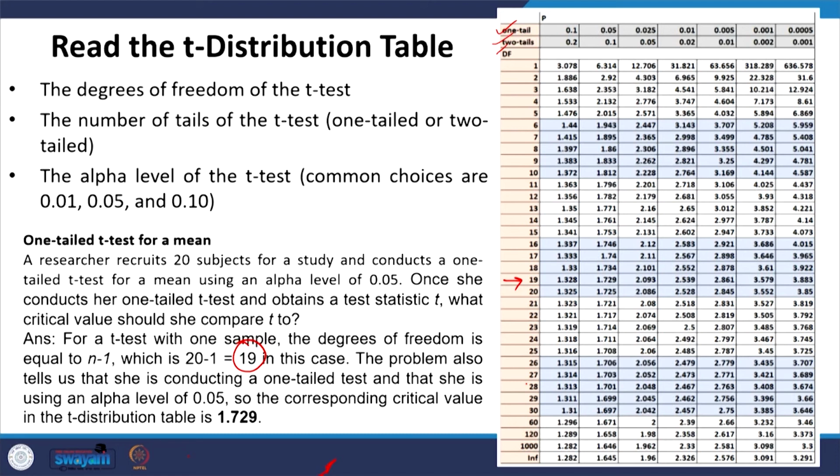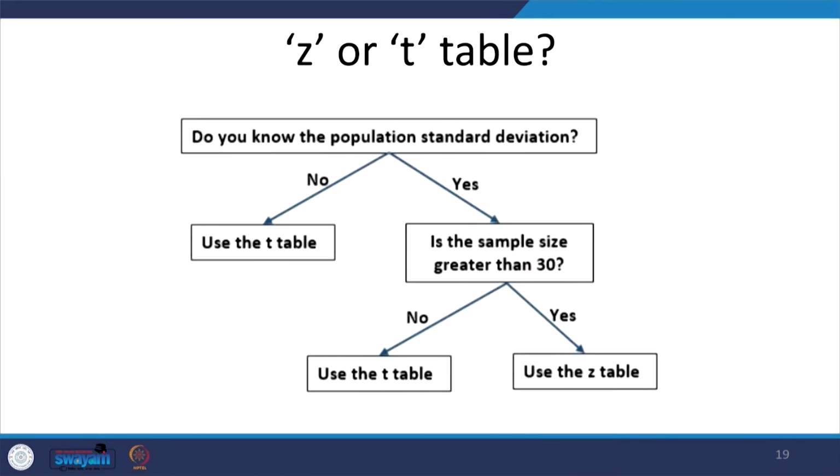The problem also tells us that she is conducting a one tail test, so we compare these alpha levels, and it has to be at the 5% level. So the 5% level is marked here. Now the intersection identifies 1.729. So the critical value of T is this.